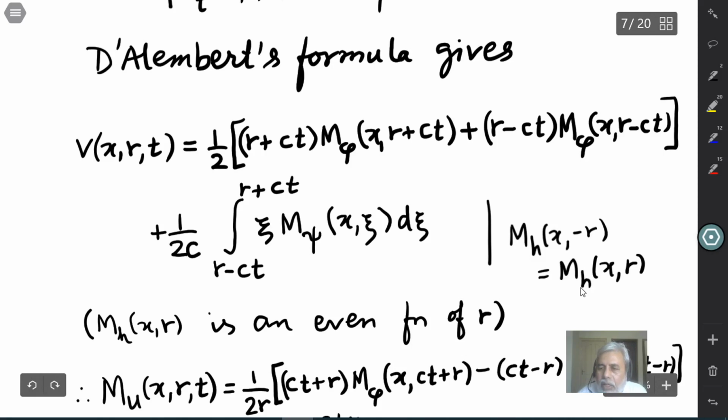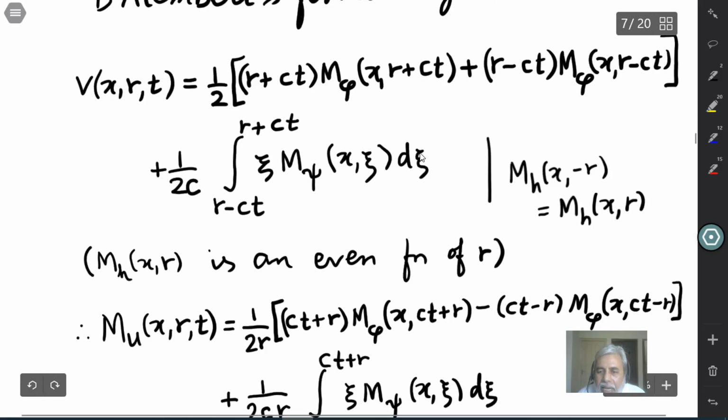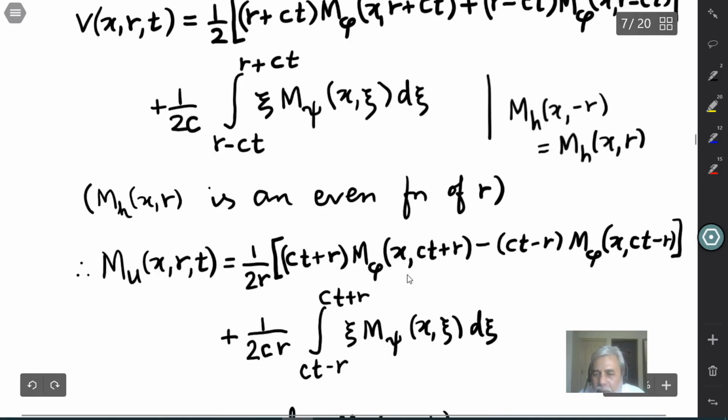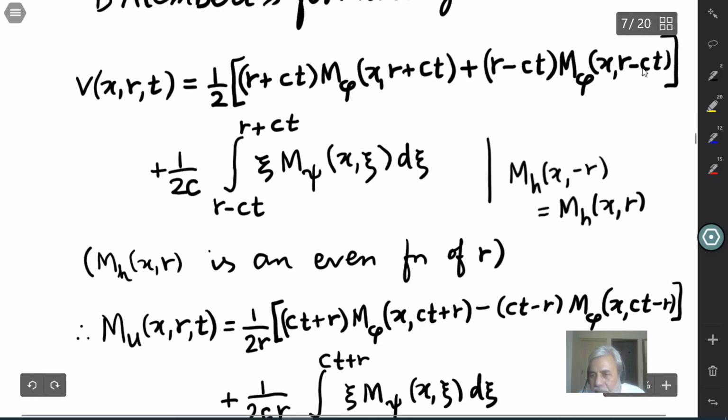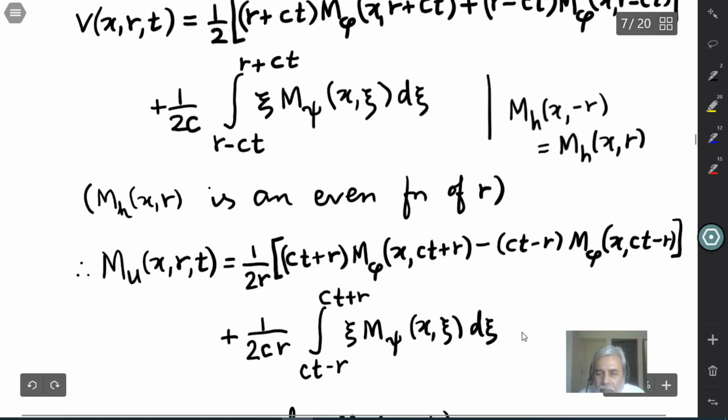That we already observed just by the definition. So this m phi x, r minus ct, I can write as ct minus r. To keep the same notation here, I want to write ct minus r also here, but that produces a negative sign, so that's what I have written here. This is the same as m phi x, r minus ct, but this one I write as ct minus r. It will be clear why we are writing that.